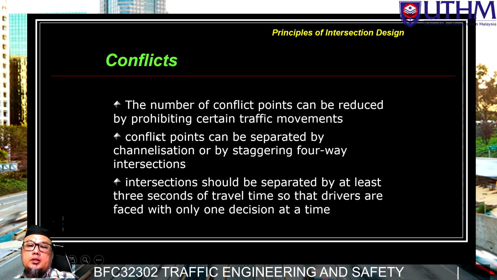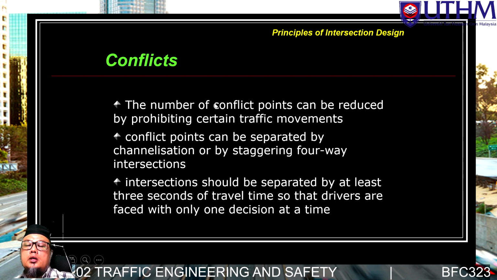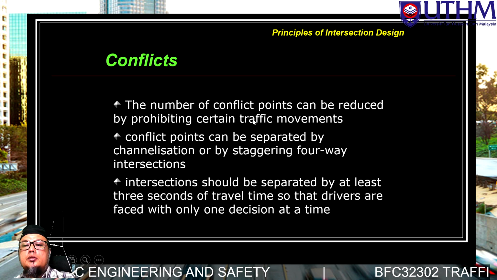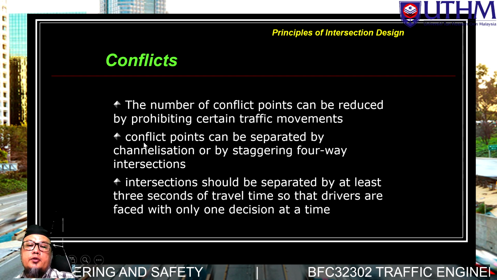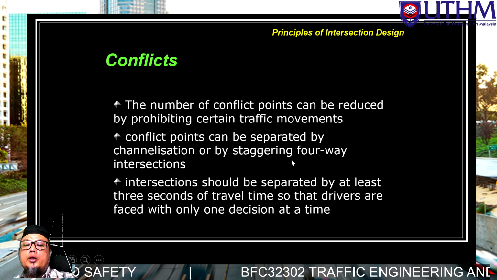Okay, the conflicts are quite important in designing the intersection. The number of conflict points can be reduced by prohibiting certain traffic movements. Conflict points, which are traffic conflicts, can be separated by staggering a four-way intersection.